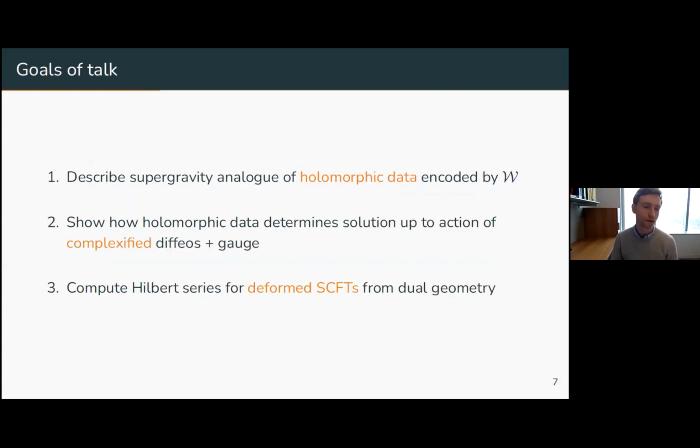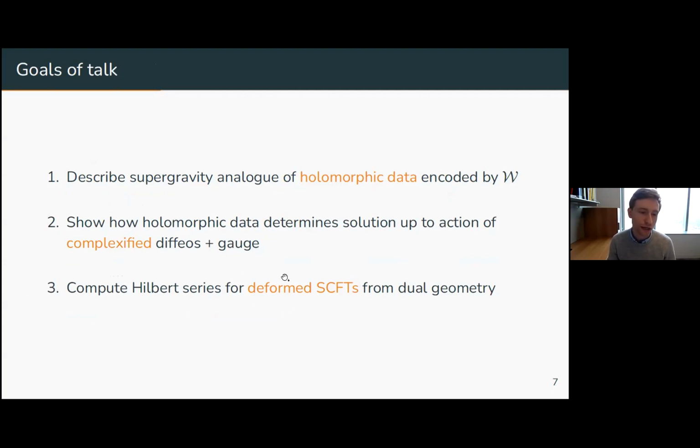So the goals of the talk are the following. I'm going to describe the supergravity analog of the holomorphic data encoded by the superpotential in the dual field theory. And I'll then tell you how this holomorphic data determines the full supergravity solution up to the action of some complexified group of diffeomorphisms and gauge transformations.